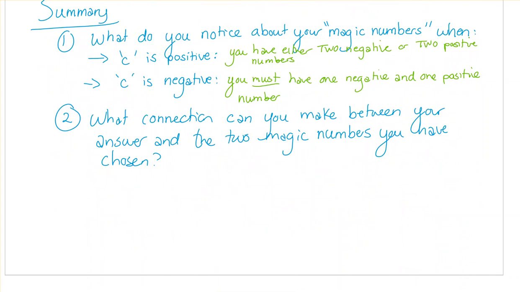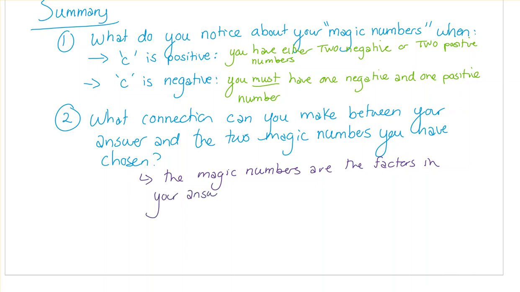So if you want to summarize this, the magic numbers are the factors in your answer, i.e. X plus 4, X plus 3.